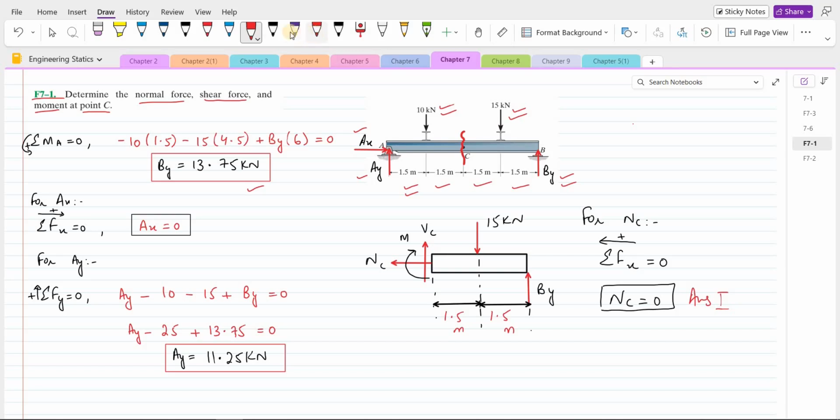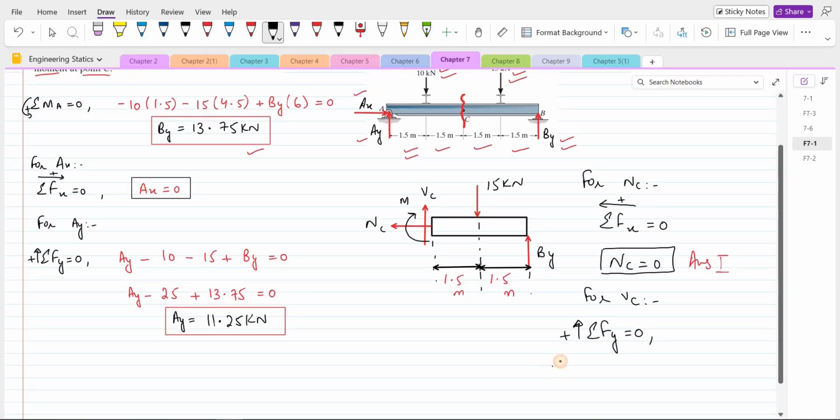And now for the shear force Vc, we can do summation of forces in y direction equals 0. I am considering up direction as positive. So we have Vc minus 15 plus By, and By is 13.75 kilonewtons, equals 0.